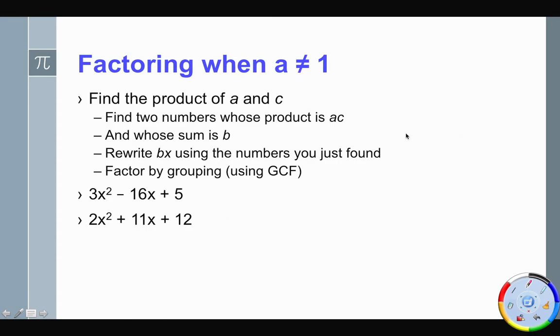Let's try again. I know that AC is equal to 2 times 12, which is 24. And I know that B is equal to 11. I need to find two numbers whose product is 24, but sum is 11.